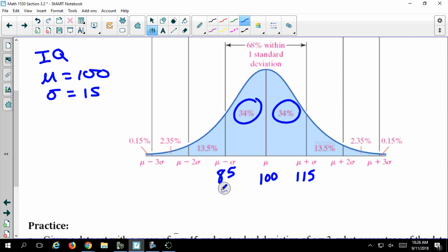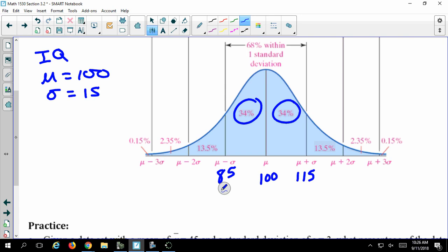And 68%, which is over 2/3, will have an IQ between 85 and 115. And for an IQ greater or less than that, the frequencies drop down. It's more unusual to have them off to the right or to the left.